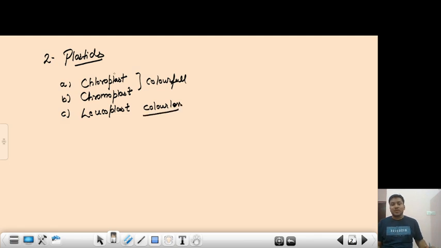As you know, the chloroplast is a plastid which is present in all the green plants, and the function of chloroplast is to make food.